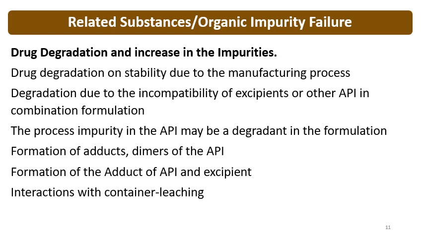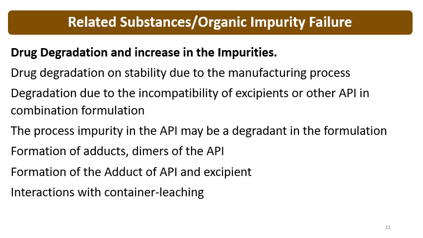Sometimes the combination formulations are there in which one API is low in content while the other may be high in content, and due to the incompatibility between these two APIs, one API degradation may happen. The incompatibility may be due to the excipients.